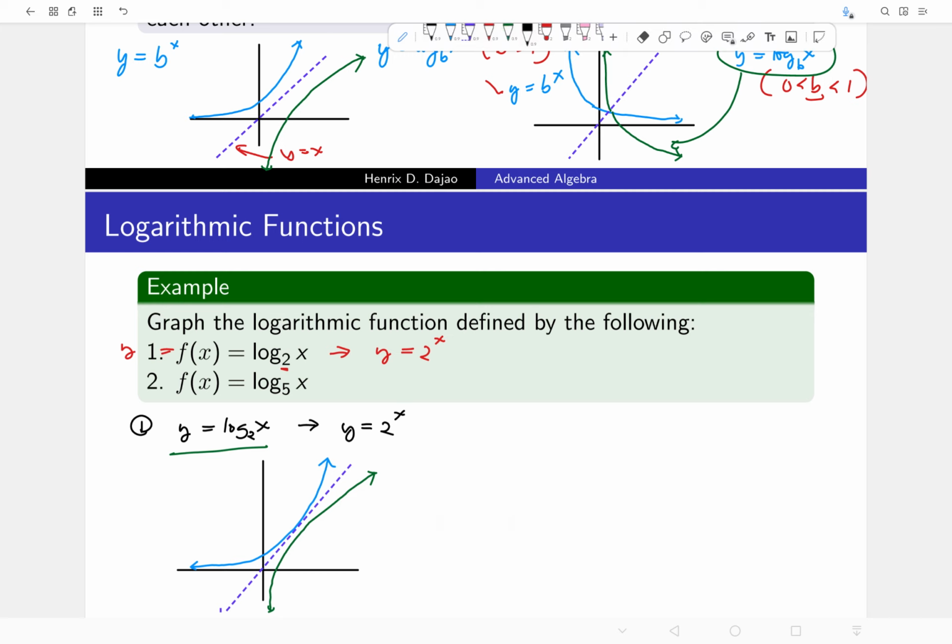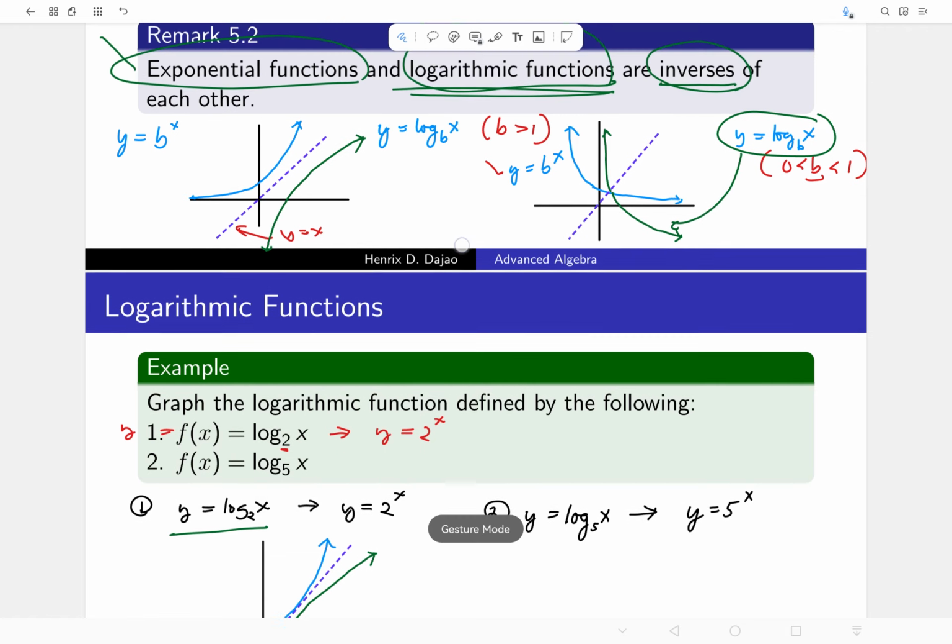Okay, next example, number 2. It's very similar. The equation for the logarithmic function, we have y equals logarithm of x with base 5. So the inverse of this function is the exponential function defined by y equals 5 raised to x. Okay. Remember our discussion above?